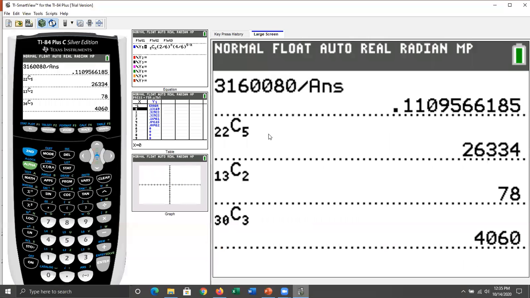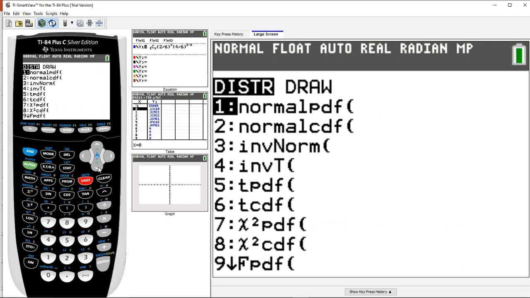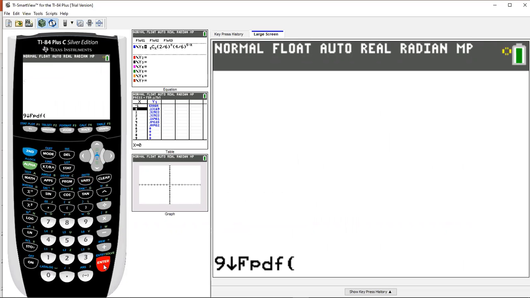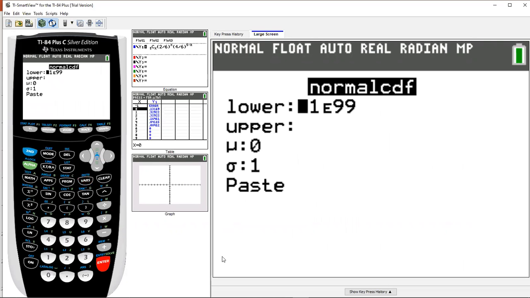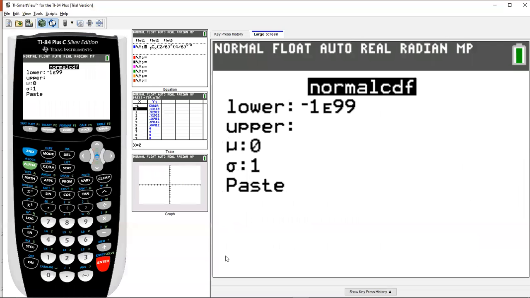Okay, so we want something that's more than 69.3 inches. How you would do this on the calculator, you see where it says distr for distributions. So we're going to do second vars. Normal CDF is the one that we're after. We want it to be more than 69.3, so the lowest it's going to be is 69.3.